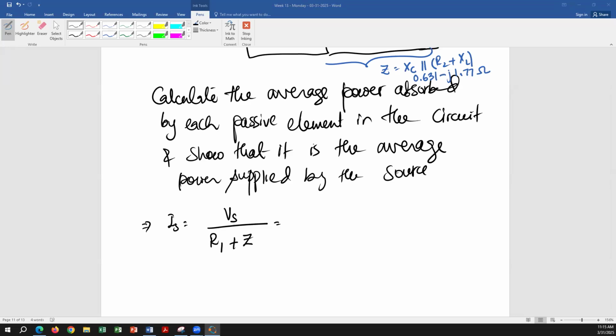So Is is equal to Vs divided by R1 plus Z, which is 51.32 plus j62.02 amps.